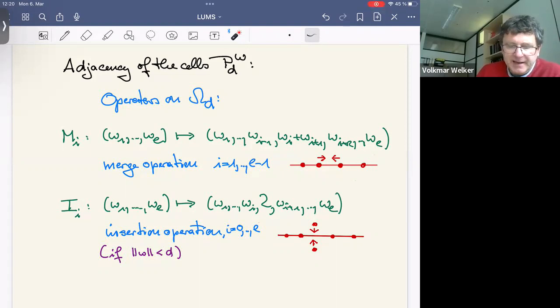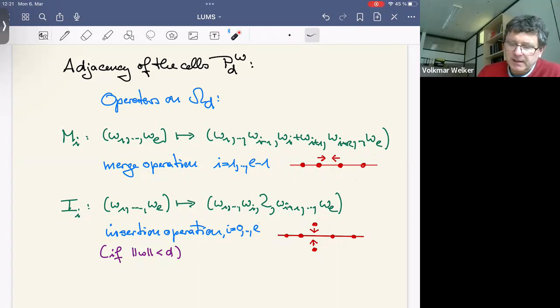You pick some i and you add the i-th and the (i plus first) term. That's called a merge operation. This is for i from 1 up to the length of this root multiplicity minus 1.